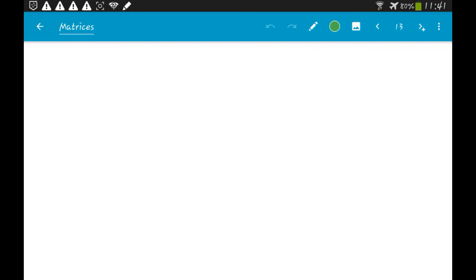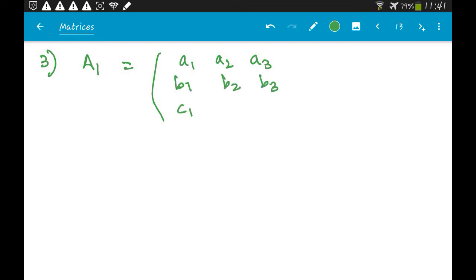Okay, then what is the next rule? The next rule is, suppose you have one matrix A1, which is A1, A2, A3, B1, B2, B3 and C1, C2, C3.